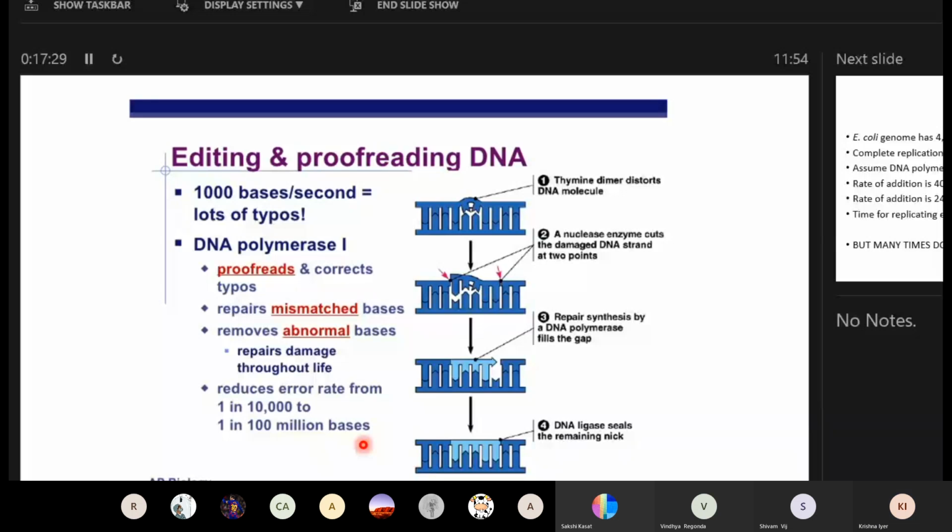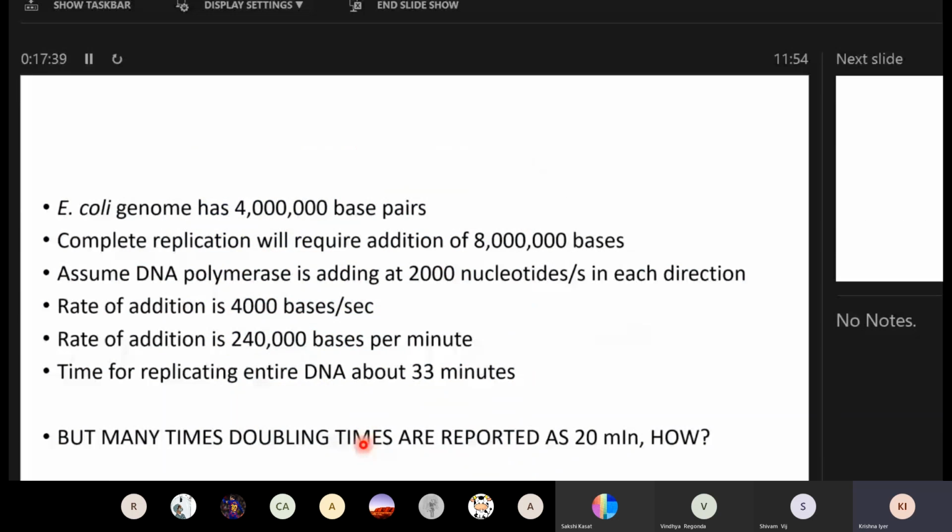Now, here is something very interesting, a little puzzle for you. Let us see if anyone can think about this and let me know. We said that the E. coli genome has, just for numbers, 4 million base pairs, which means in order to complete the replication, I have to actually add 8 million bases.